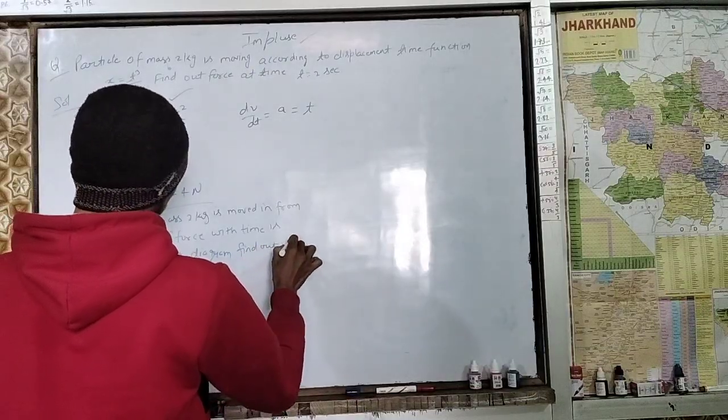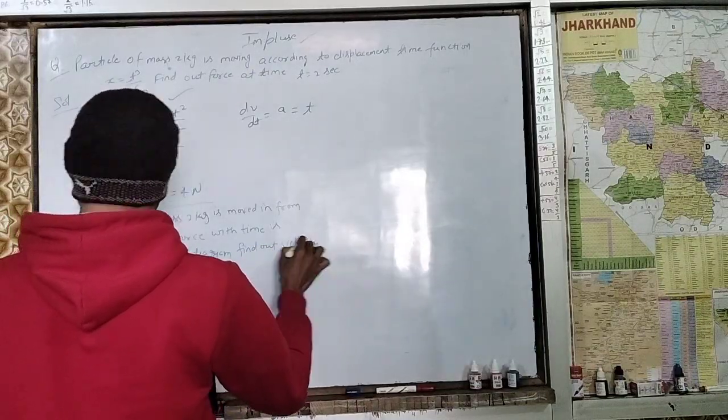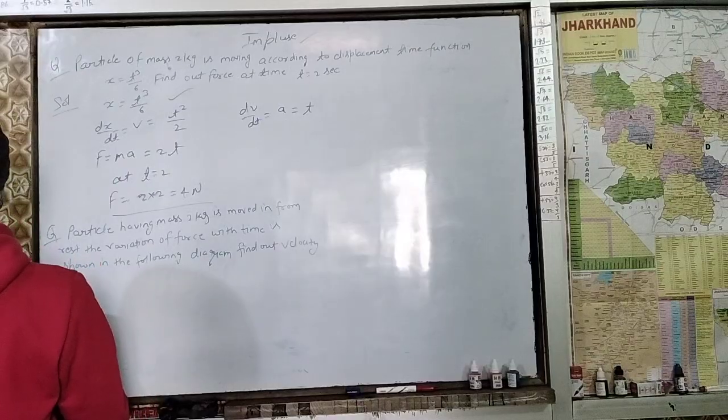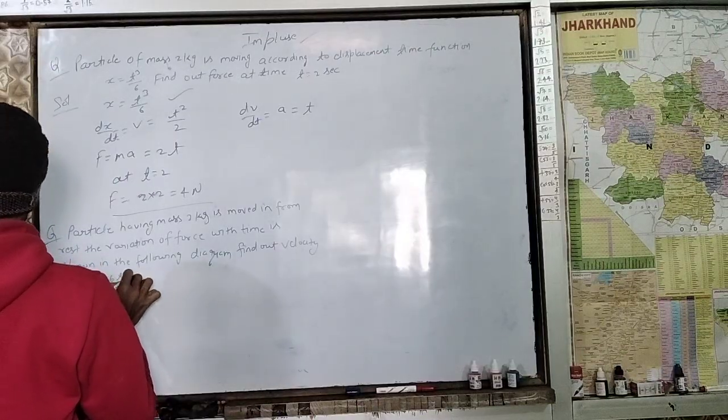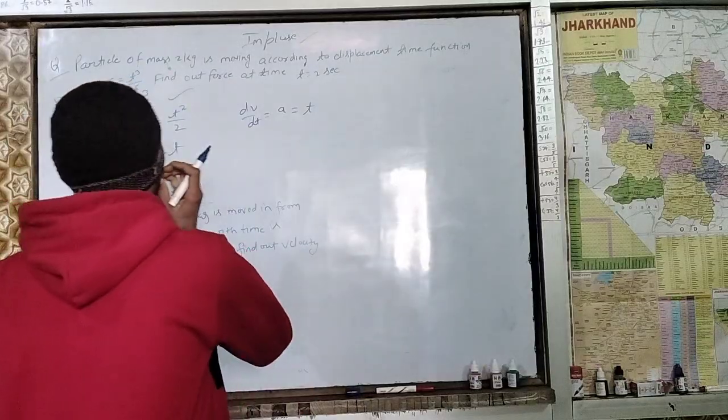Find out the velocity at t is equal to 6 seconds. The figure is like this.